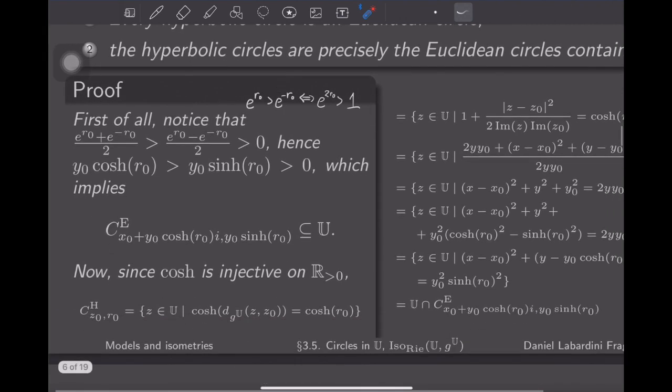Okay. So this is indeed positive, and then also notice that this is the hyperbolic cosine, and this is the hyperbolic sine. So the hyperbolic cosine and hyperbolic sine are greater than 0, and that is preserved if I multiply by a positive number.